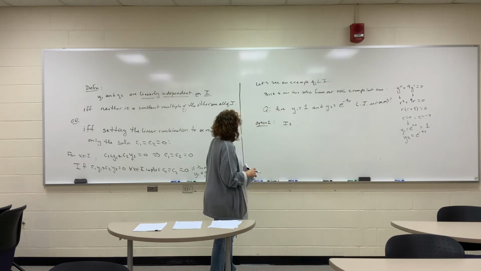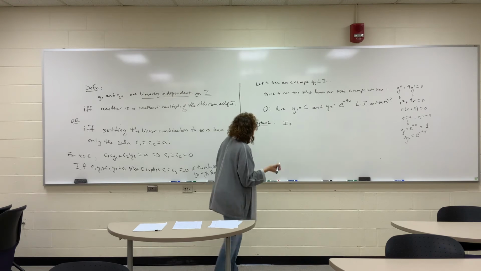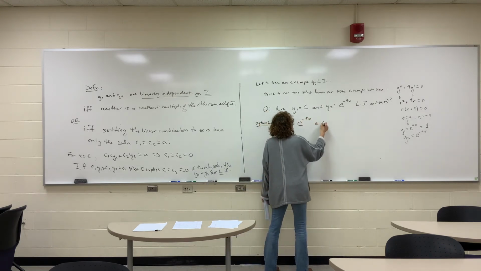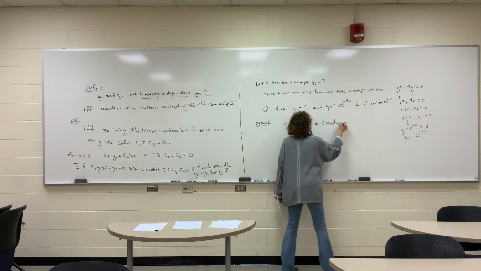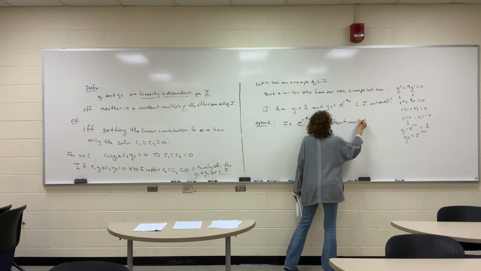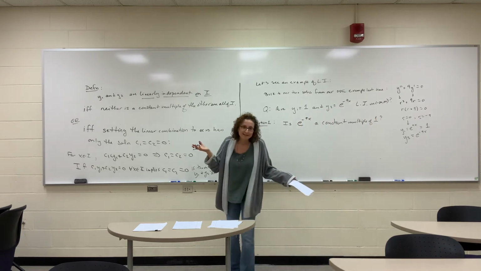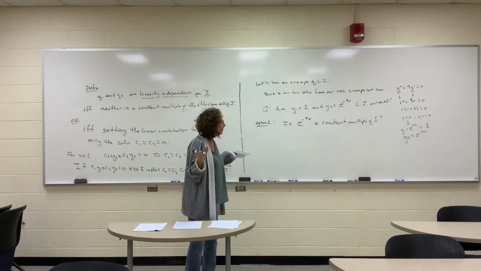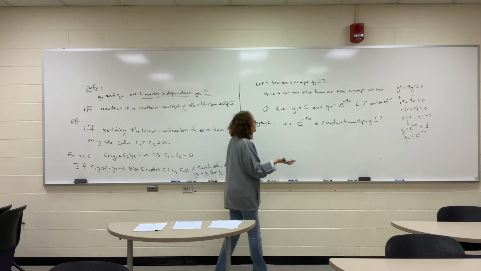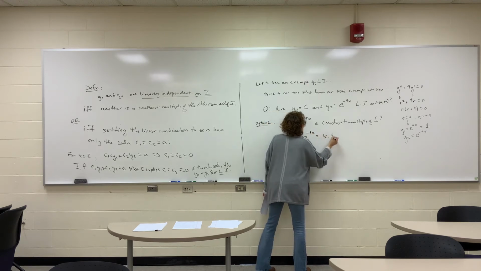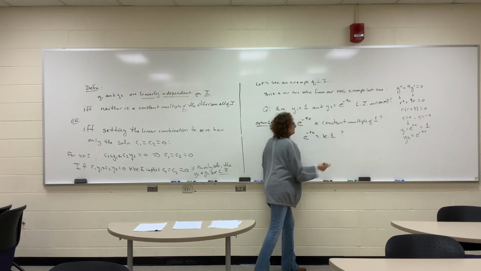Go back and look. So anyway, is e to the negative 9x a constant multiple of 1? Well, no, of course not. How would you say that in math? e to the negative 9x equals a constant times 1. Is that possible?